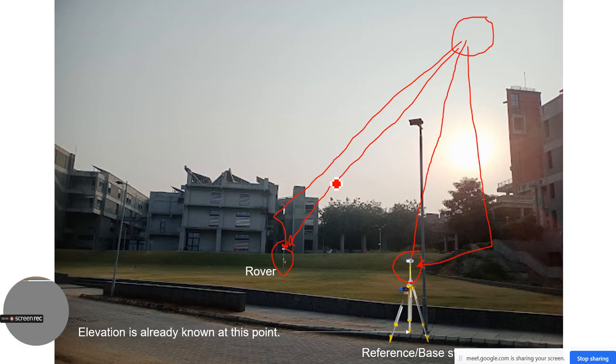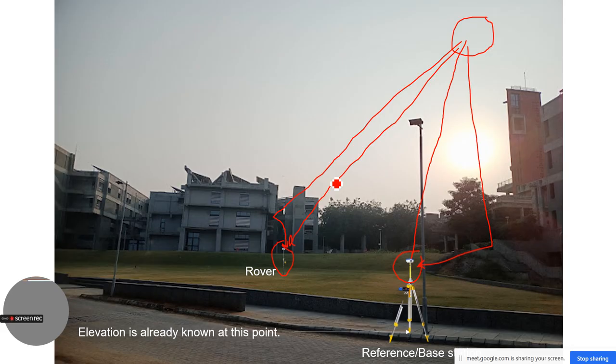So basically when we do a GPS survey, we need to get data at one location. Then we can find out the error and correct it for all the nearby stations.